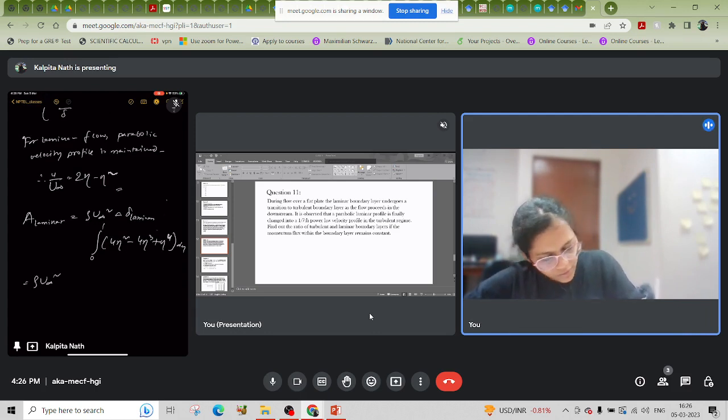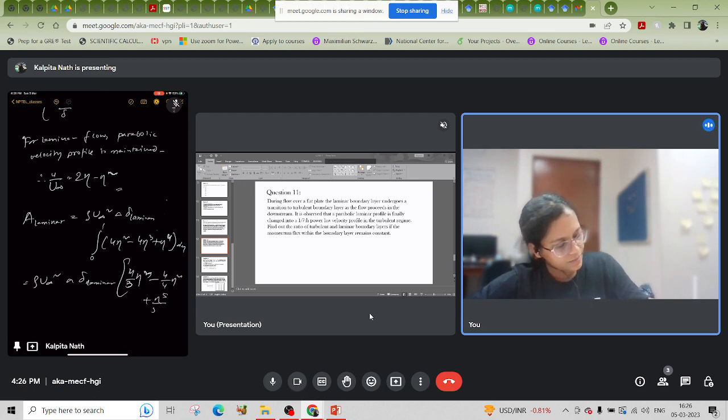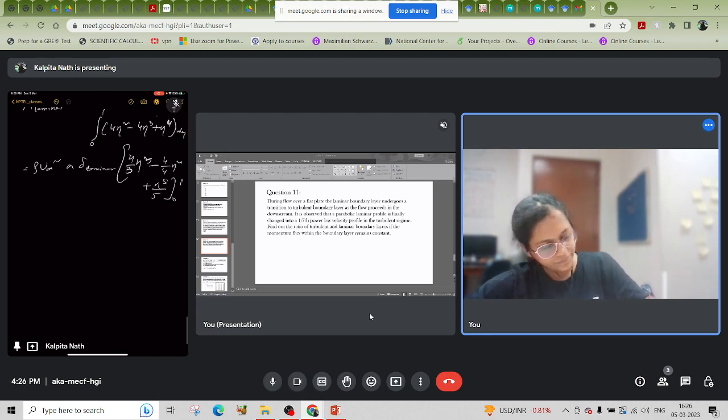This is rho u infinity square A delta laminar times 4 by 3 eta cube minus 4 by 4 eta square plus eta to the power 5 by 5, from 0 to 1.